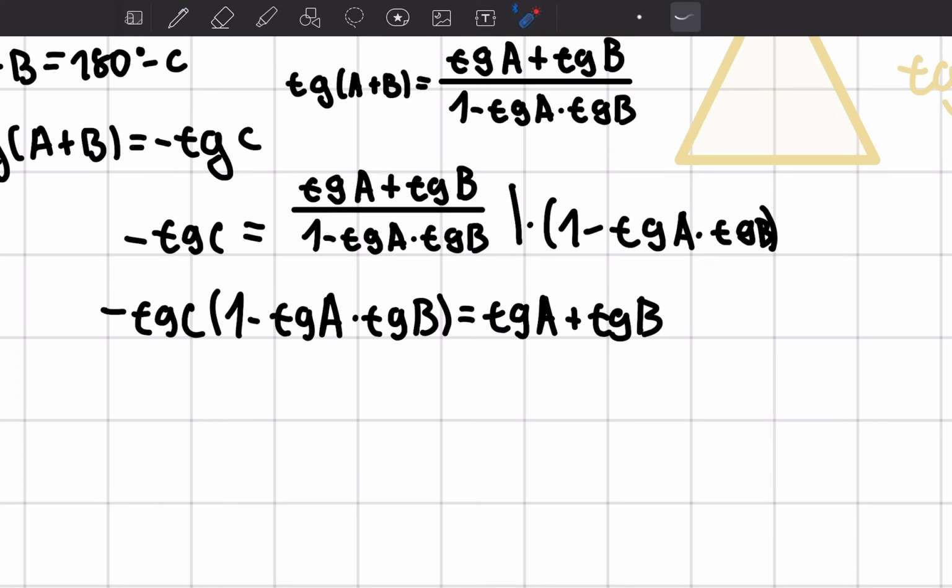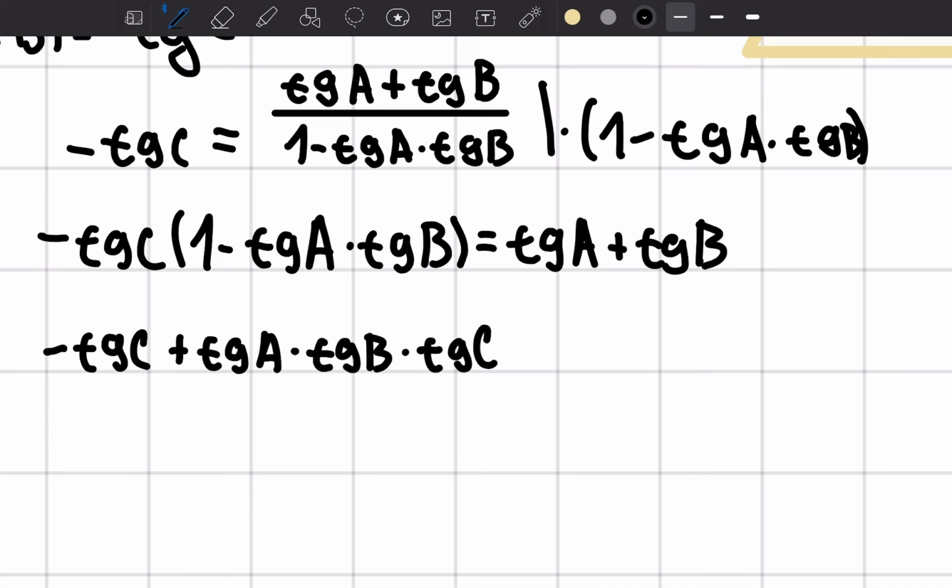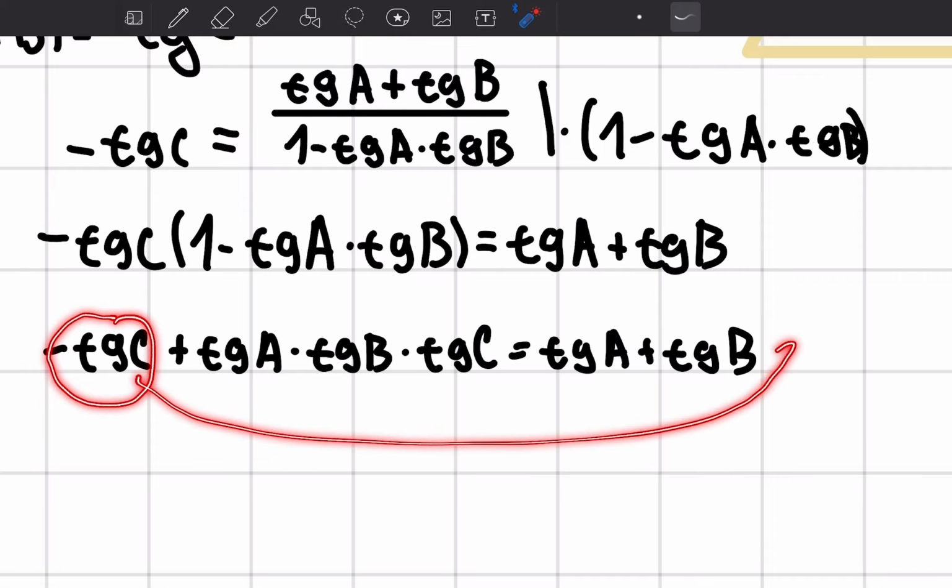And now I'm going to multiply the brackets. And now I'm going to move this to this side.